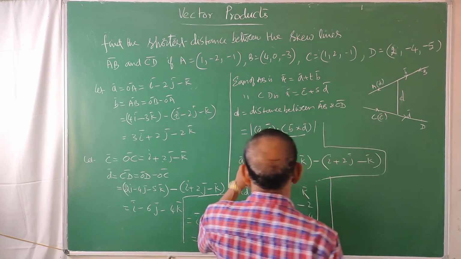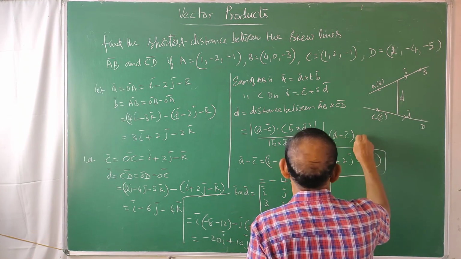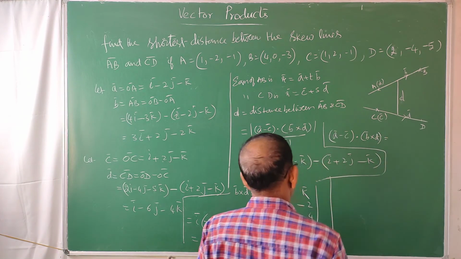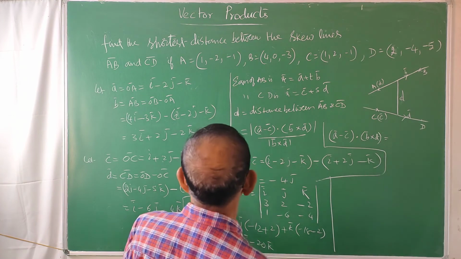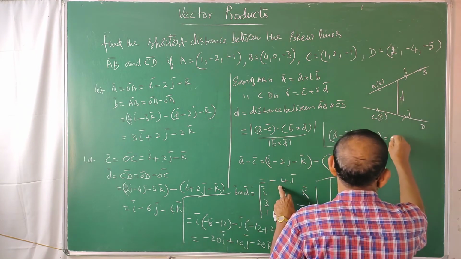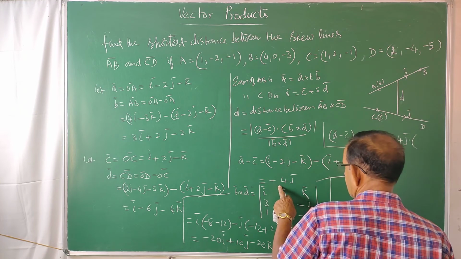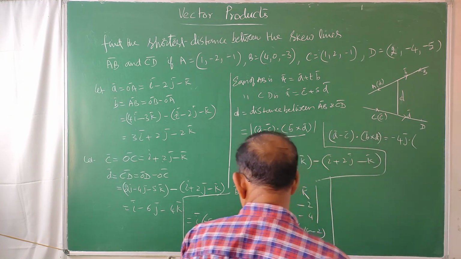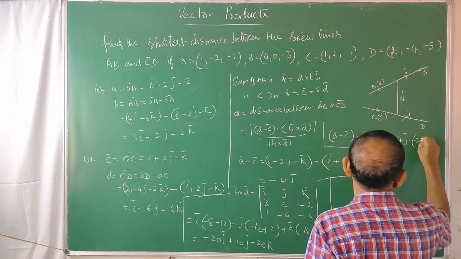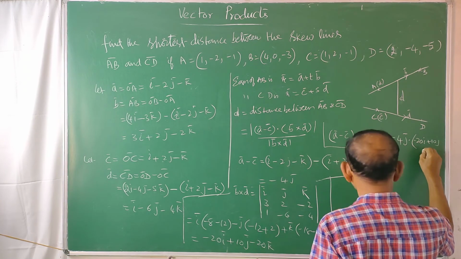Now A bar minus C bar dot B bar cross D bar equals minus 4j bar dot minus 20 I bar plus 10j bar minus 20 k bar.